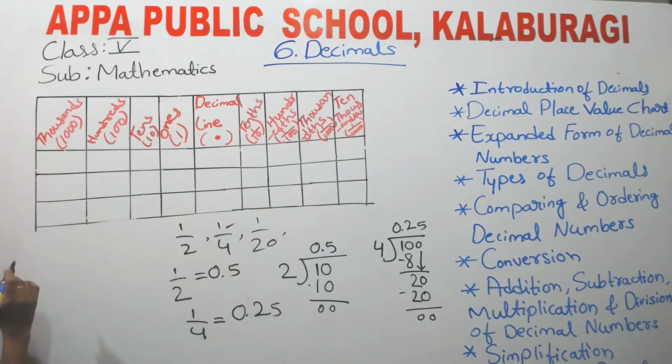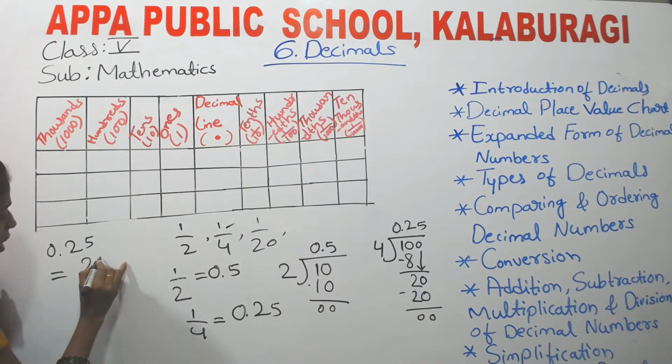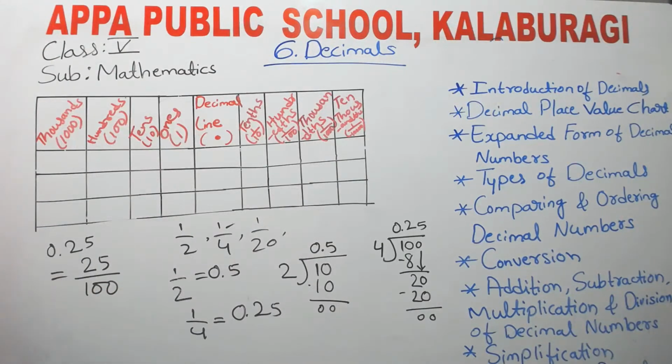Now, this 0.25 written as a fraction. How? This is 25 divided by 100. This is a decimal number. Writing it as a fraction: in 25, there are 2 digits after the decimal point. That's why in the denominator place you have to write 2 zeros.